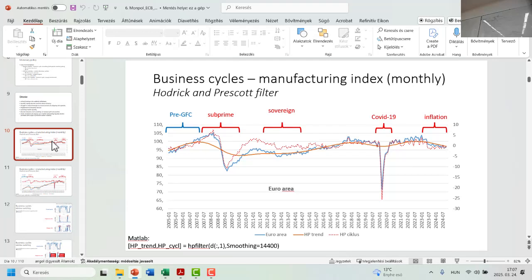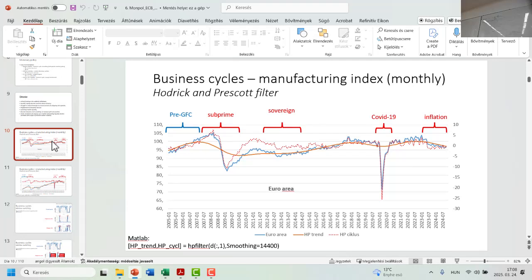These are the blue lines. This is the potential output, the long-term trend of the data, in orange. And if we take the difference of these two lines, what remains is this red dotted line, which defines the cyclical component.